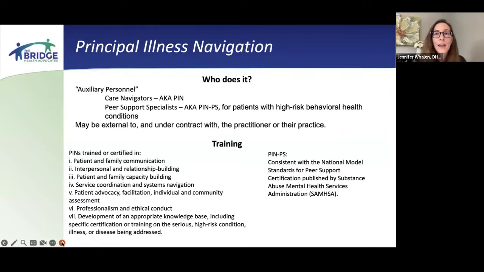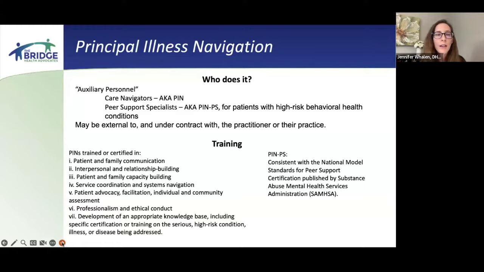And then they have it broken down into peer support specialists too. So the PINs I kind of see as this generalist navigator, and then the peer support specialist, also known as PIN-PS, are specifically for patients with high risk behavioral health conditions.